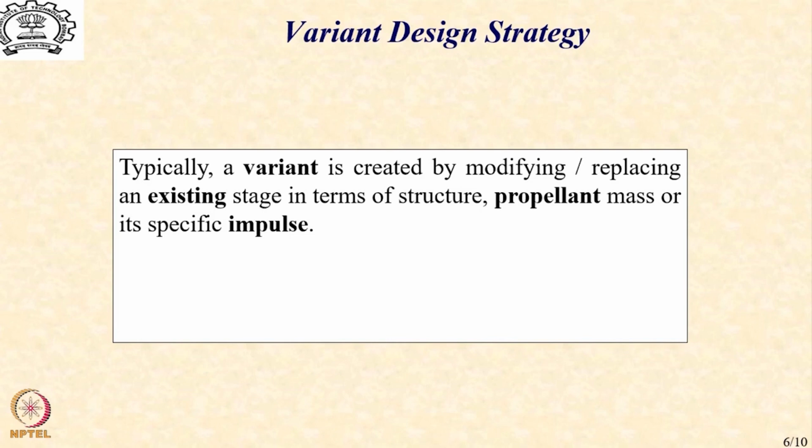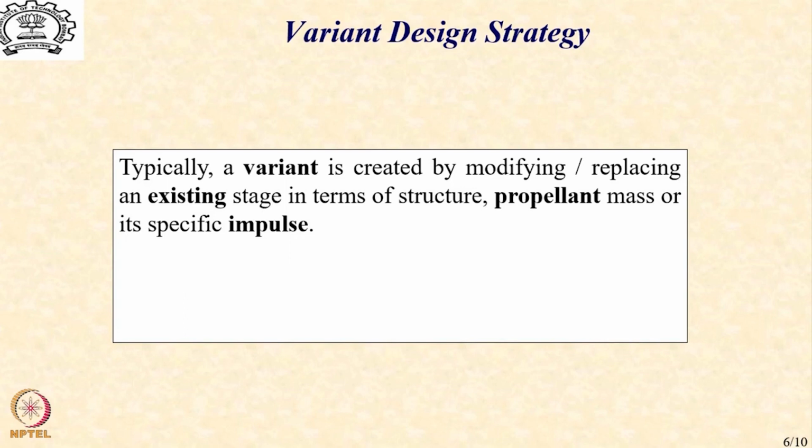For example, you might still be using the same stage 1 of PSLV. It may have the same mass for propellant, but you may pack it with a propellant which is having a slightly higher ISP, and in the process you would achieve a higher burnout velocity, or for the given burnout velocity you might be able to launch a slightly larger payload.